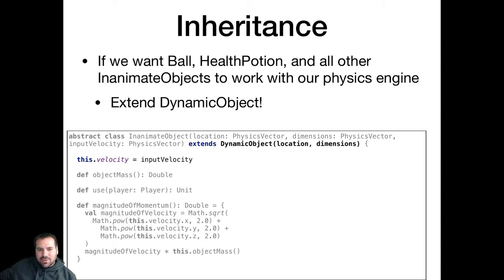The physics engine knows what to do with dynamic objects, so there's no extra work for us to do. We just extend dynamic object and we get all of that functionality. So we don't have to rebuild physics for this game. We just use the same physics engine that we built for Jumper, throw it over here by extending dynamic object, throw our objects into the physics engine. Everything's great. Everything works.